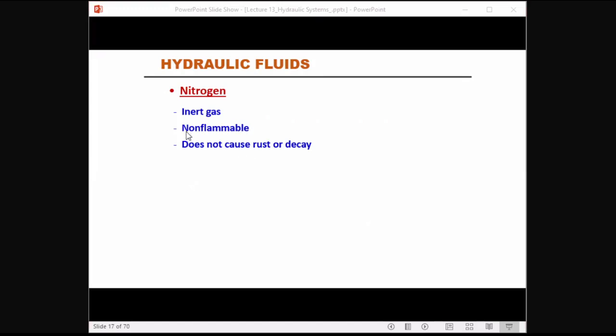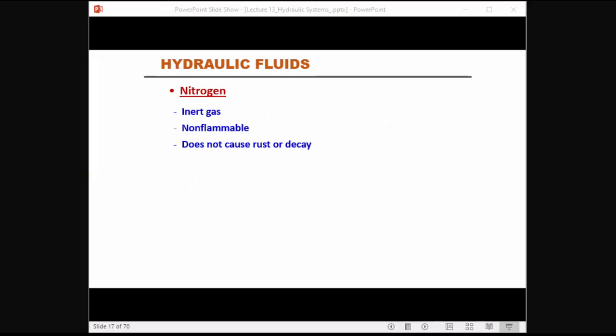And also nitrogen is non-flammable, and does not cause rust or decay.